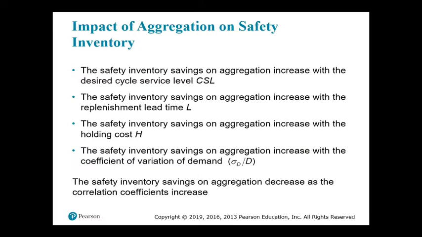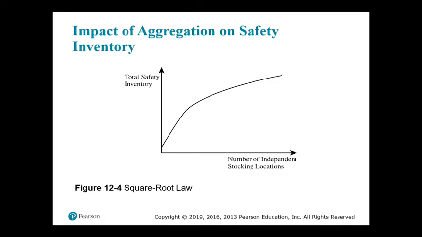Okay, and the total safety inventory also increases with the number of locations we're aggregating. Right, the higher the number of locations that we aggregate, the more saving in inventory we achieve.